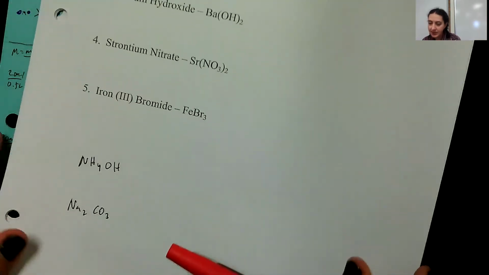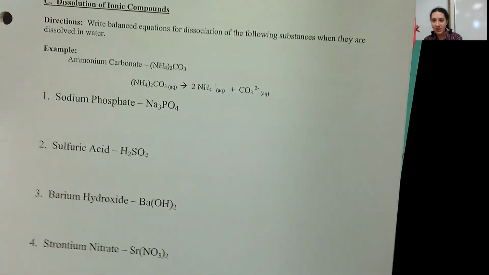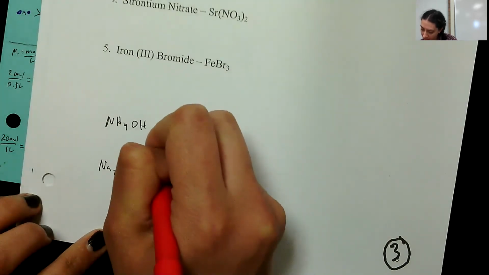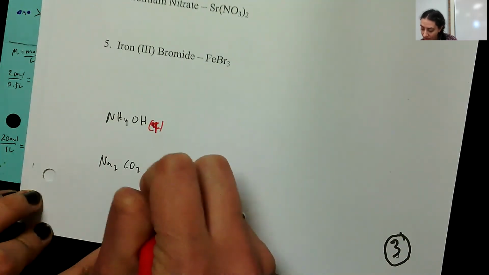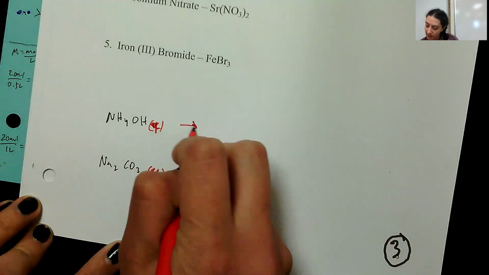Last thing, for these ones, I just came up with a couple little examples. This is separating out the ions to really just conceptualize what it means for something to dissolve. So silver, like we just said before, ammonium hydroxide is soluble. Anything with sodium in it is pretty much going to be soluble as well.